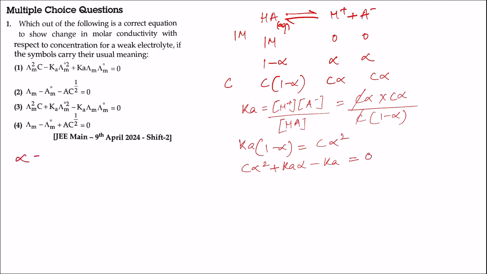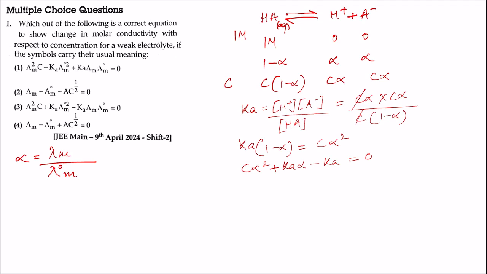Now the value of alpha can be written as the conductance of the electrolyte at a given concentration divided by the conductance of the electrolyte at infinite dilution, or it can also be said limiting molar conductance.